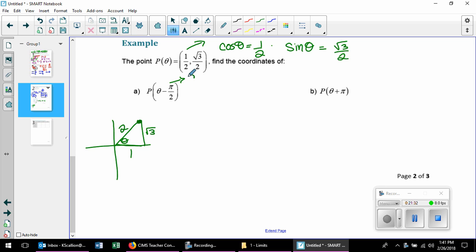You need to convert, this is 90 degrees. So if I were to rotate it this way, what happens? I'm going into quadrant 4 for sure. Awesome.